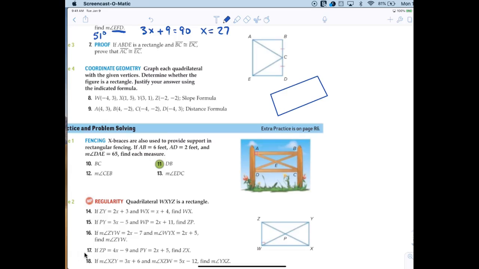Let's plot these points: negative 4, 3 over here, then 1, 5, then 3, 1, and then negative 2 over here.